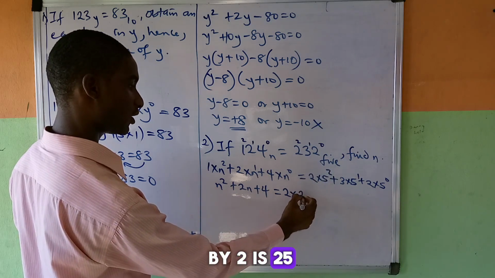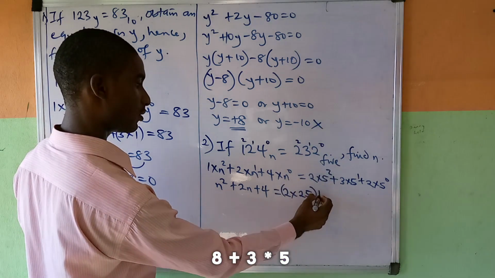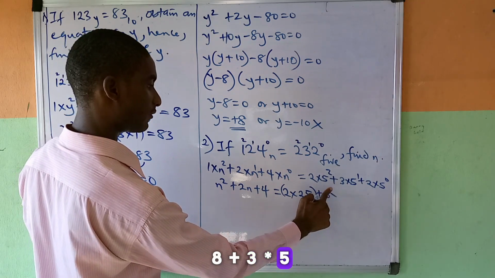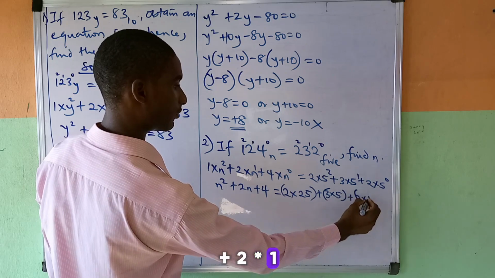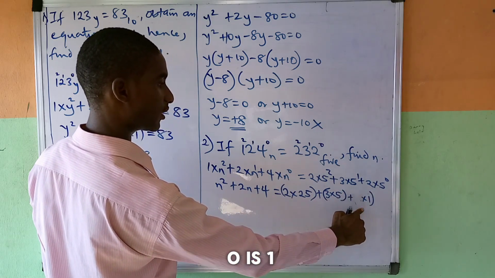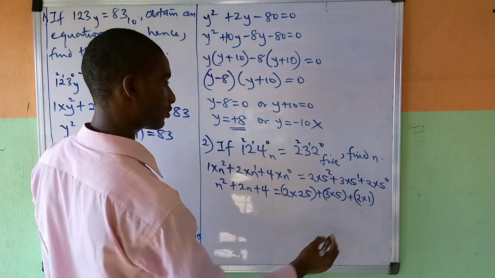power 2 is 25, okay, plus 3 times 5, plus 2 times 1 because 5 raised to power 0 is 1, 2 times 1.